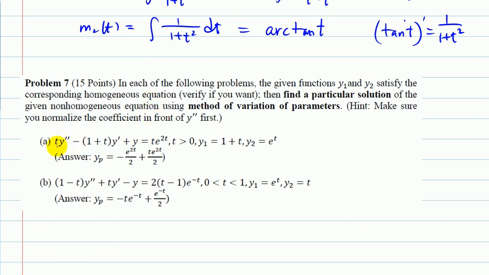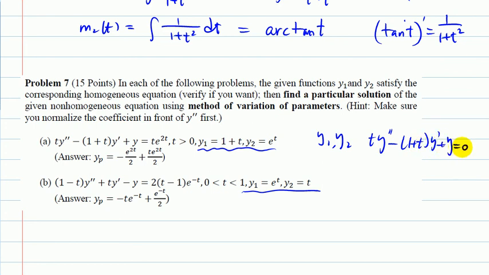The reason is that the coefficients are not constant, they're t, and we didn't learn how to solve this with a non-constant coefficient. So the question gives you the two linearly independent solutions for the homogeneous equation: y1, y2 are solutions of t y double prime plus y equal to 0, and they are linearly independent.